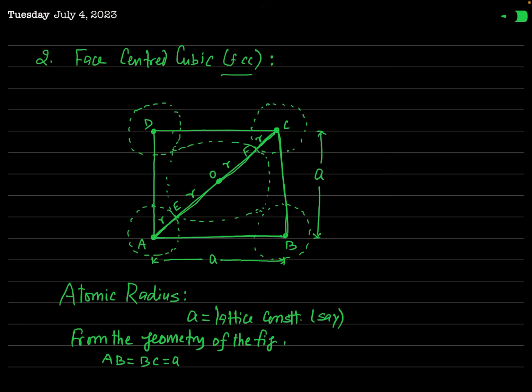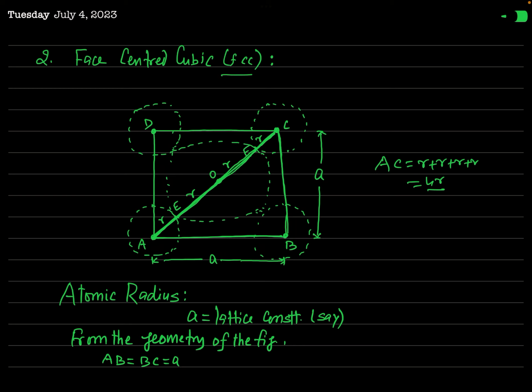If you want to know the length of this face diagonal AC, you can easily say that it will be AE plus EO plus OF plus FC, and all these are R. So AC will be R plus R plus R plus R, that is 4R. So the length of the diagonal of this face is equal to 4R.